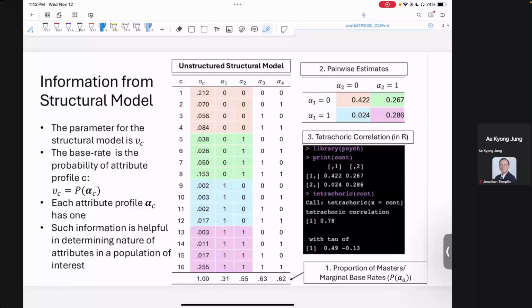Tetrachoric correlation is the correlation between 2 binary variables, assuming that underlying them, they are actually continuous. We'll talk about this. Here, we can get the tetrachoric correlation based on the contingency table. So attributes 1 and 2 have a correlation of 0.78.